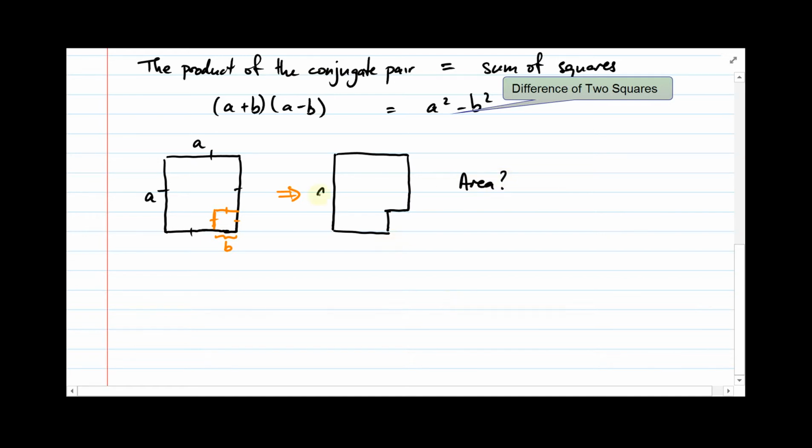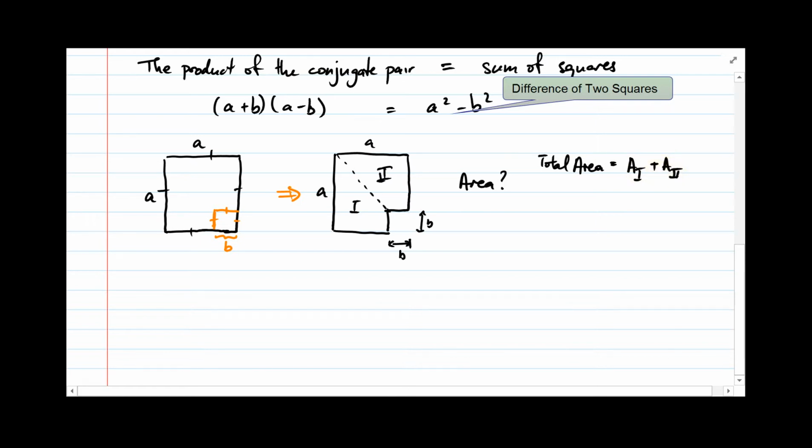Okay, each of these sides we said was A. This length here is B, and that length is B. If we were to cut these in two, we'd have two equal pieces, so the total area is equal to area 1 plus area 2.